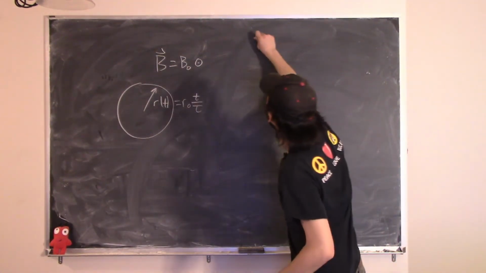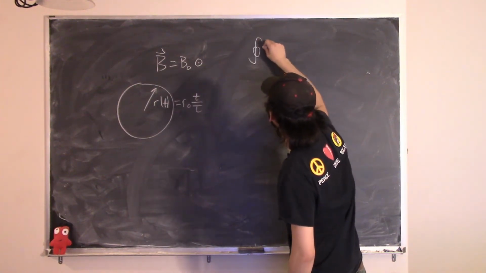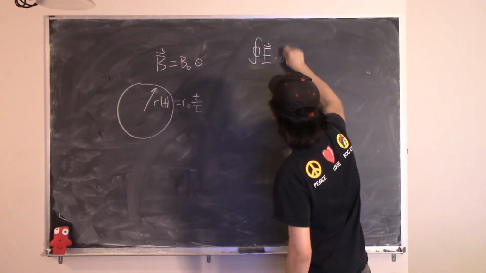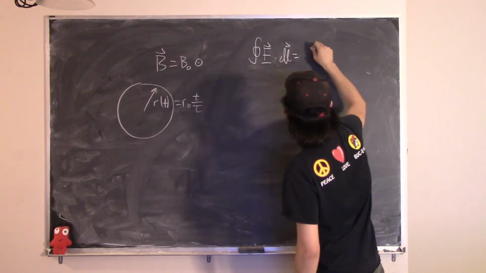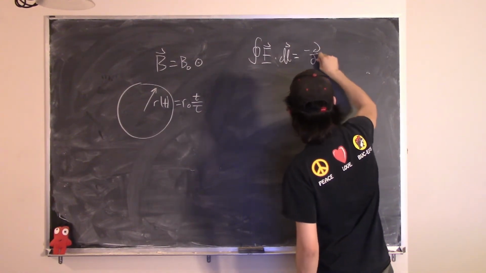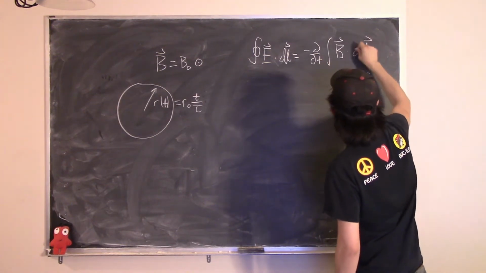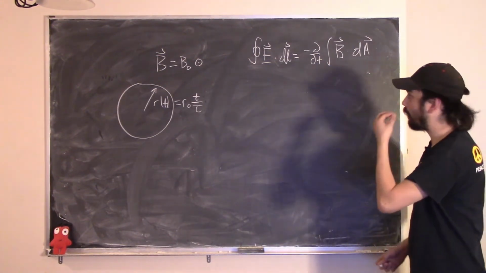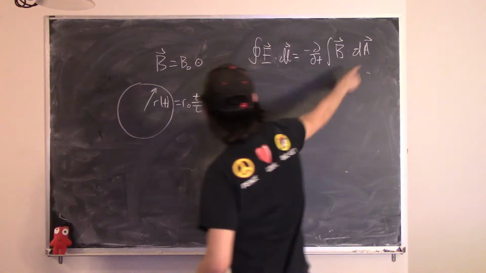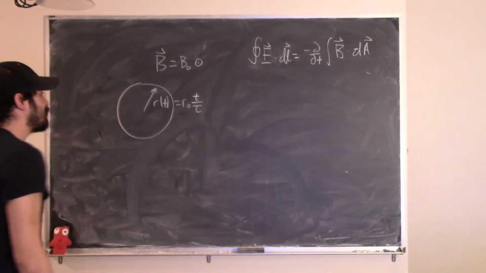The first thing that we can do is write down Faraday's law. The integral of E dot dl is equal to negative partial derivative with respect to time of the integral of B dot dA. Again, first thing I like to do is define the direction of my dA.